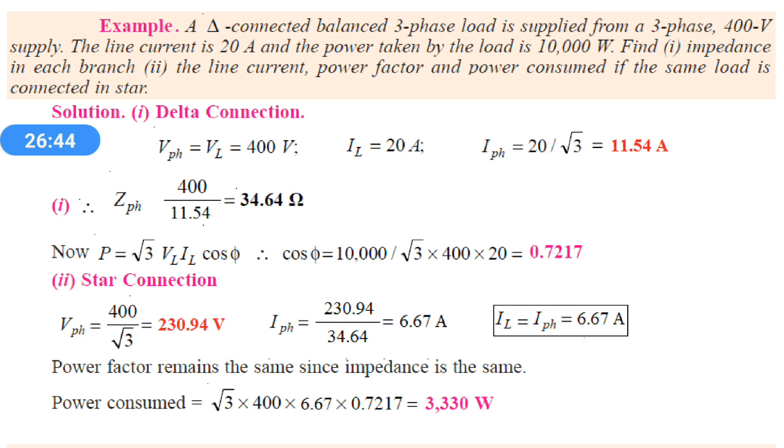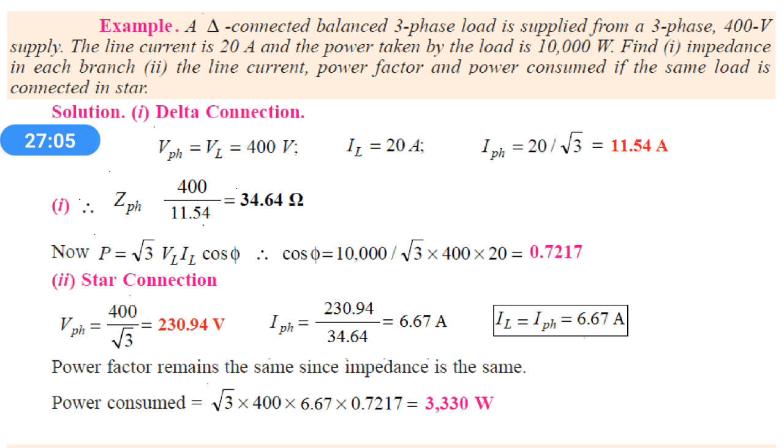Z phase already calculated. So V phase 230.94 divided by 34.64. So 6.67 is I phase. In the star connection, IL equal to I phase. So IL equal to 6.67 ampere.